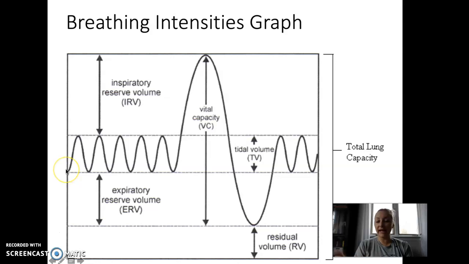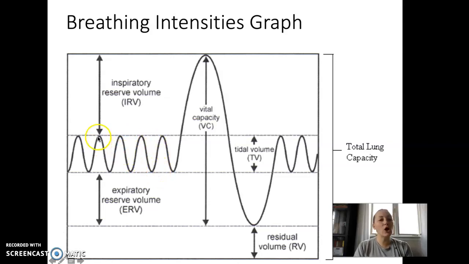I know it's always hard to talk about this because when we talk about breathing, we change our breathing. But how it happens normally when you're not thinking about it, that in and out, is called tidal volume, and that's what you find right here.